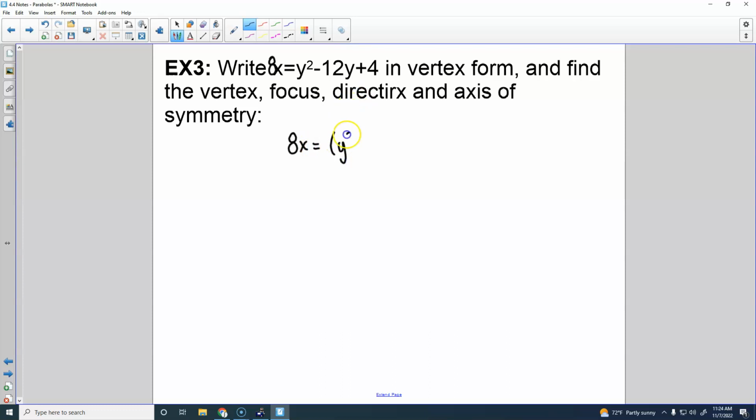So I'm going to have y squared minus 12y plus blank plus 4 minus blank. If I complete the square here, I'm going to have y minus 6 squared, and 6 squared is 36. So I'm going to need to subtract 36 here, and I will get minus 32.